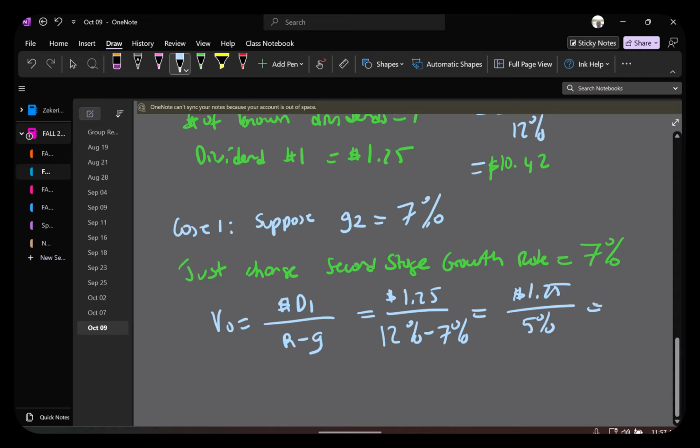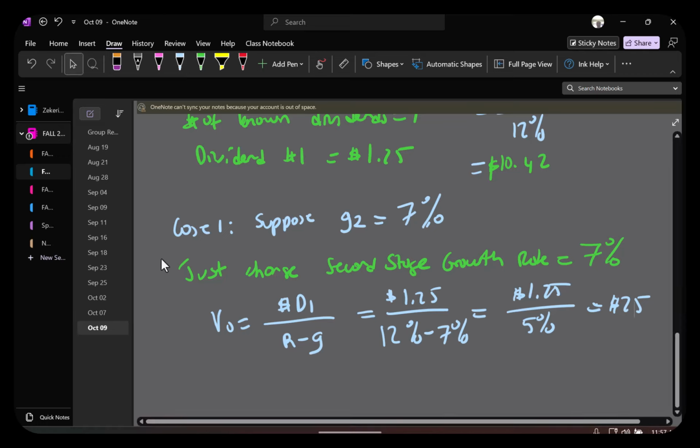Dividing by 5% is equivalent to multiplying by 20. So that's exactly 25 bucks. Okay. So we know we've done that correctly as well. Whenever you develop software, and trust me, what we have done in that template is software. It happens to be simple, doesn't need much coding, but it is software. Always test simple cases to make sure that things work.